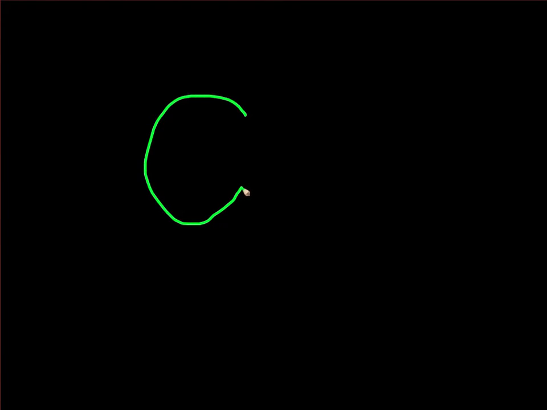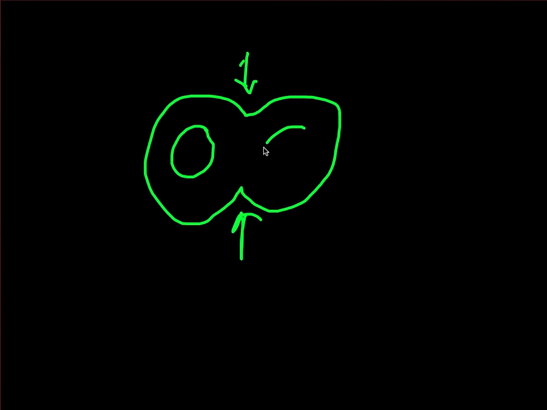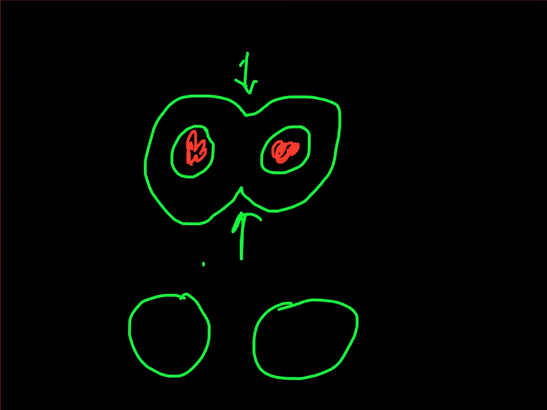Now what's going to happen here is, you notice the site of the cell membrane is going to start to pinch in. The nucleus will start to form. The genetic material is going to expand again. And eventually, this will pinch in all the way and separate, and we'll wind up with two daughter cells that are genetically the same.